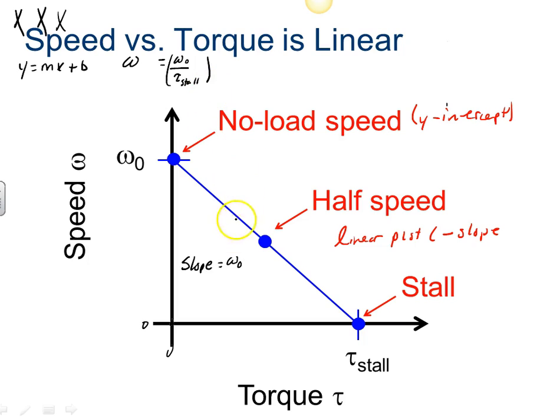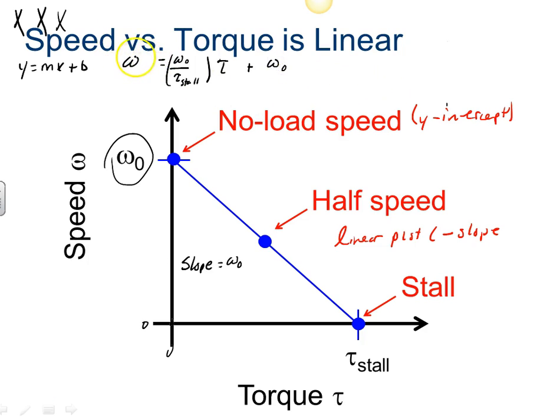Multiplied by the x variable, which is tau, torque, plus a y-intercept. The y-intercept is omega 0.